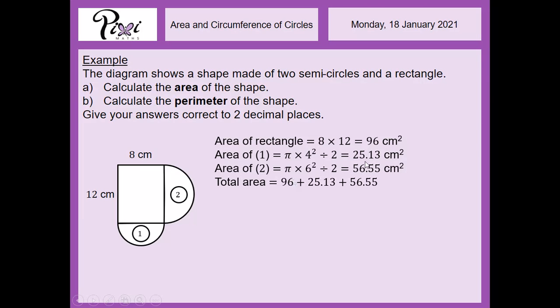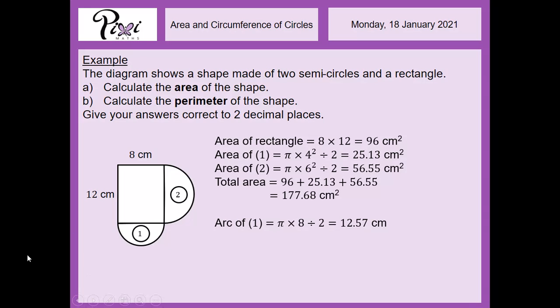The total area is calculated by adding all the areas of the rectangle and the semicircles, which is 177.68 centimeters squared.